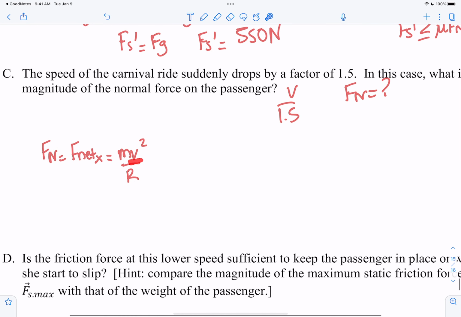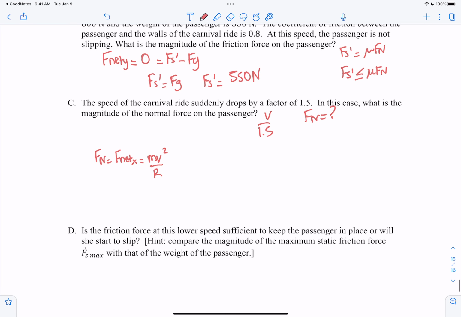If this decreases, then the overall net force decreases, and so the normal force decreases. And so all we have to figure out here is to basically relate our original speed, whatever that was, to our new speed and figure things out that way.